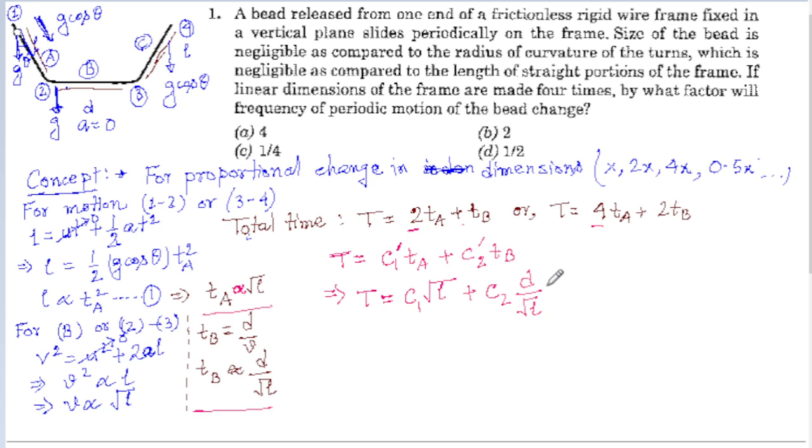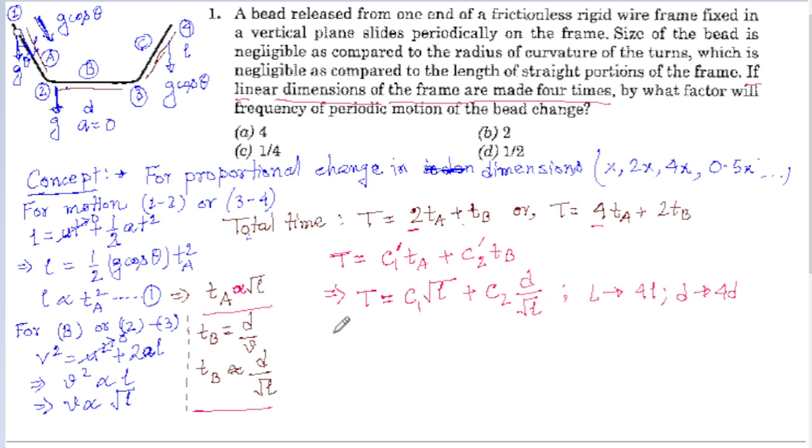Now in our question, l is the dimension. It is mentioned in our question that the linear dimensions of the frame are made 4 times. So now l is becoming 4l, and d is again becoming 4d, because the entire dimension is changing 4 times.